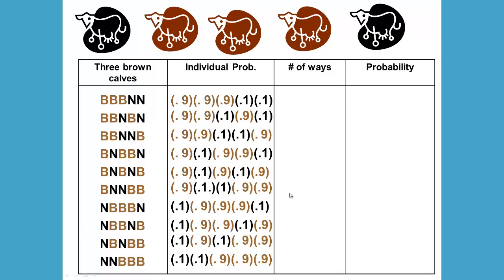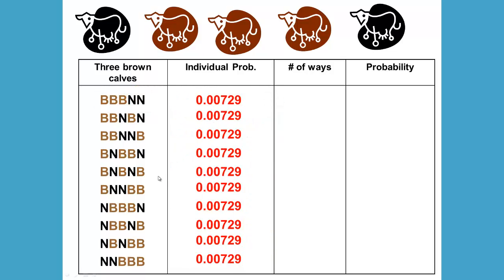Emphasizing here the pattern, 3 brown calves gives us 3 probabilities of 0.9 multiplied by 2 probabilities of 0.1, the probability of not being a brown calf. The order is different for each set, but the numbers are exactly the same.